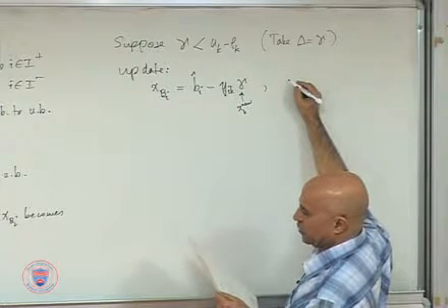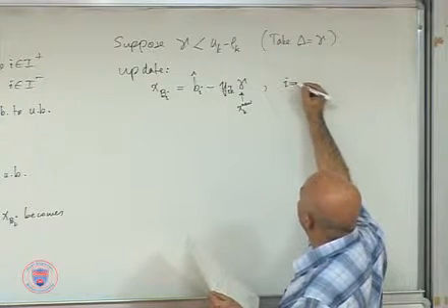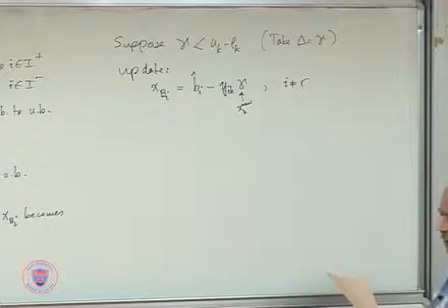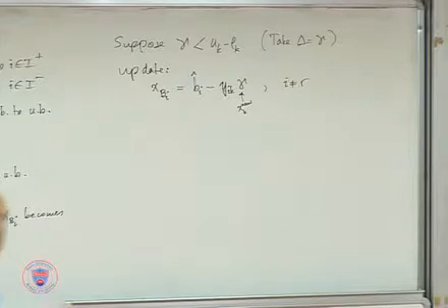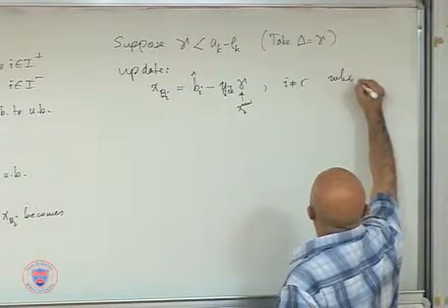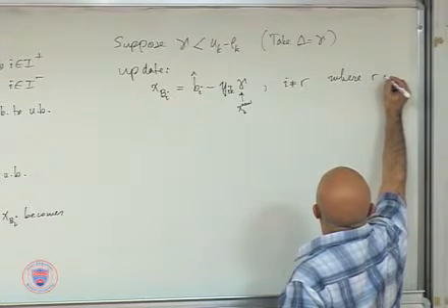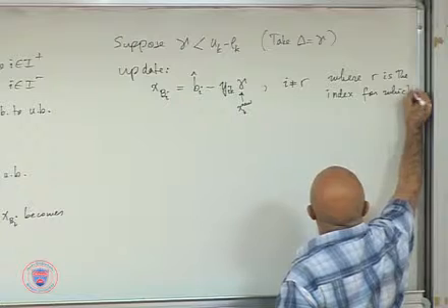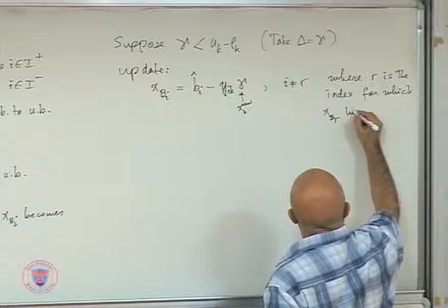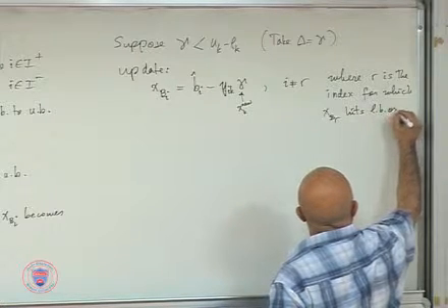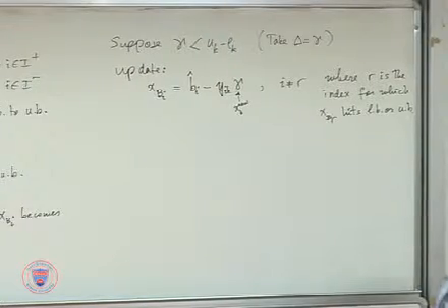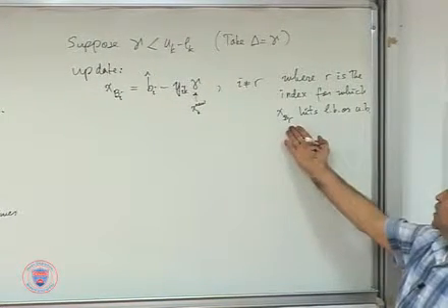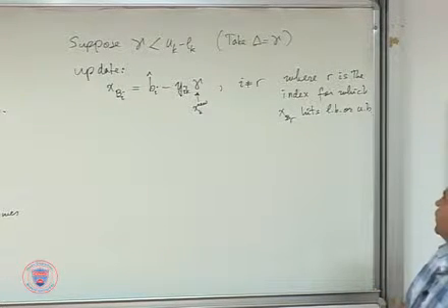This is, of course, true for every i other than the ratio that gives you the minimum, where r is the index for which some basic variable xbr hits either its lower bound or its upper bound.